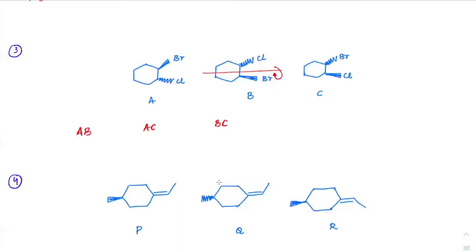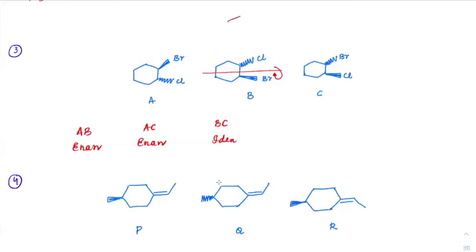Understood? So A and B are what? Enantiomers only. A and C, enantiomers. B and C, identical. A and B are not enantiomers. See, if you rotate this by 180 degrees, this chlorine will come down and this bromine will come up. So bromine which is coming out will go inside now.